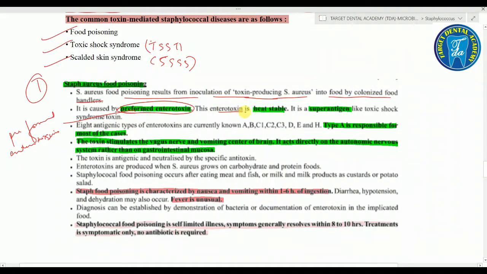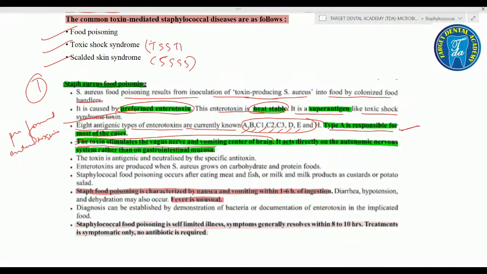This enterotoxin is heat stable and it is a superantigen like toxic shock syndrome toxin. 8 antigenic types of the enterotoxin are currently known: A, B, C1, C2, C3, D, E and H. Type A is responsible for most cases of food poisoning.